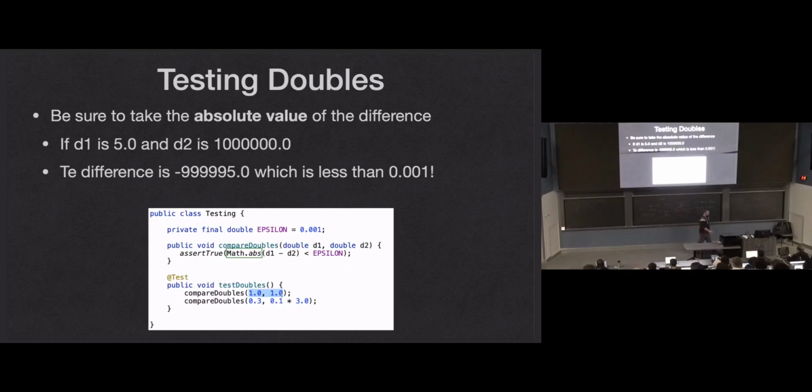So you're calling average, and if you want, you can do that in a line here. Call average, and hard code the value that you expect that call to return. Okay, and those are your two inputs to compare doubles. And then the method will do the rest. It'll make sure that those two values are good within epsilon.